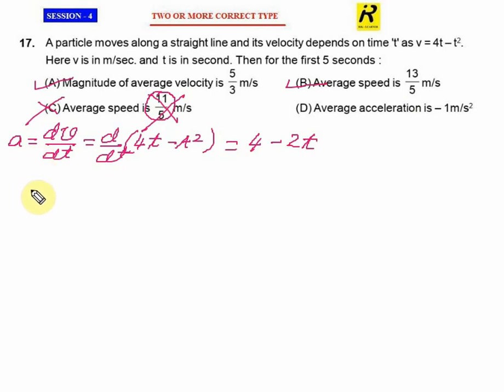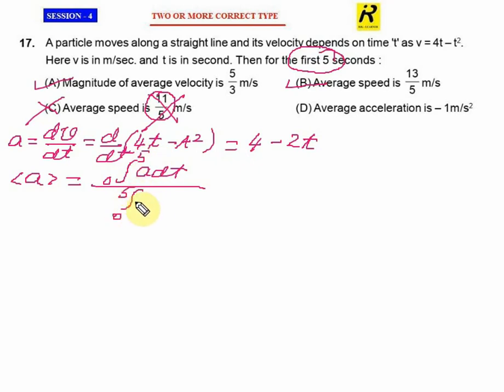Now I have to make the calculation for average acceleration in the period of the first 5 seconds. So that equals the integration of the function a dt from 0 to 5, and in the denominator the period, once again, is this.